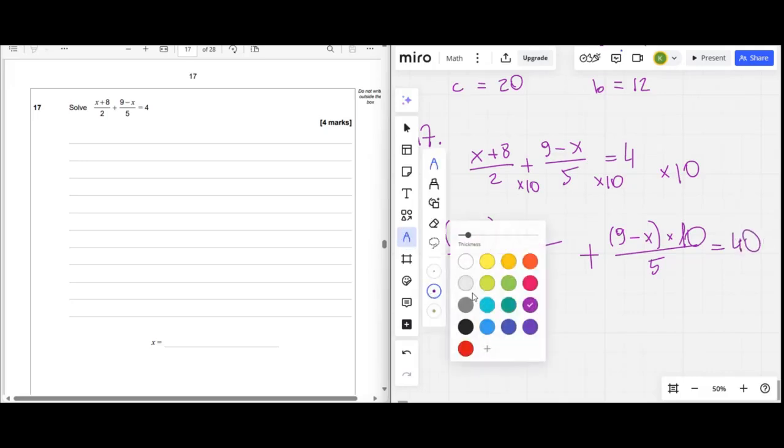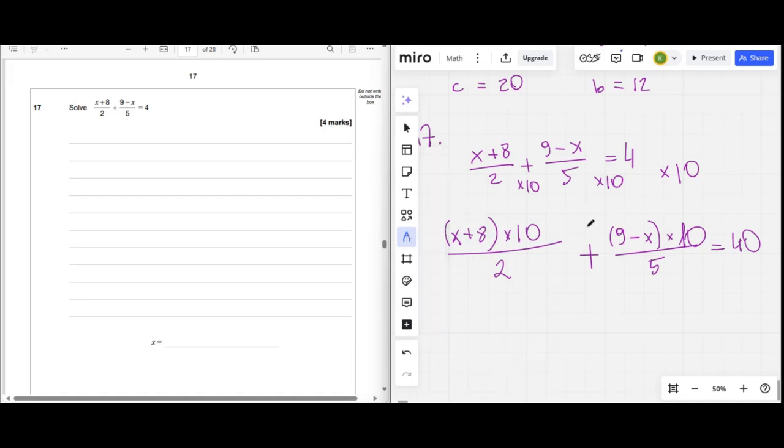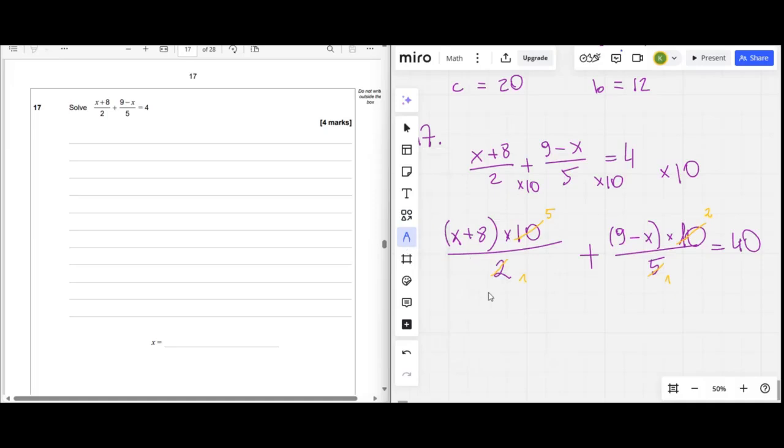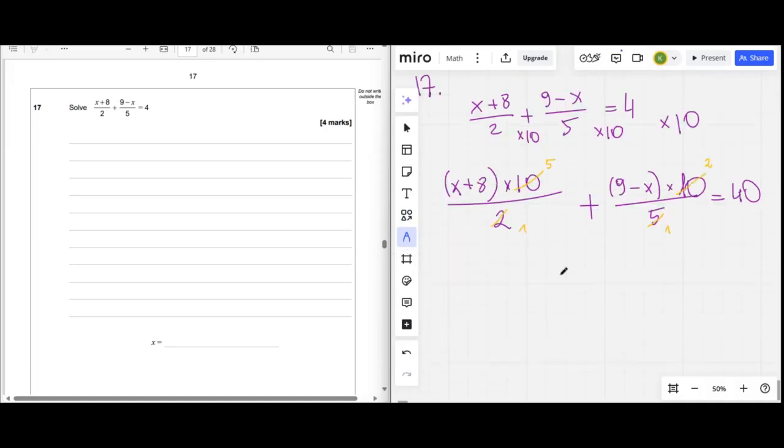So what is that 10 doing? We can then cancel down that 2 and that 10, leaving 5 and 1, and that 10 and that 5, leaving 1 and 2. So now we don't have fractions because in the denominators we have just ones. So now we have what?